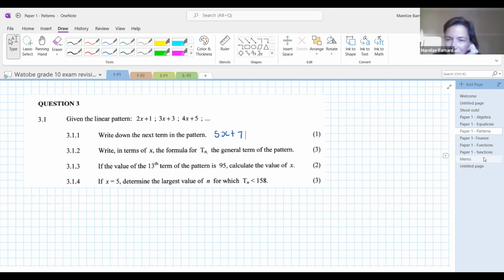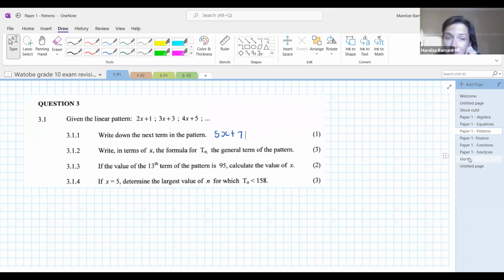Does anyone have it yet? Okay, and if you want to go on, what is the value of the 13th term?